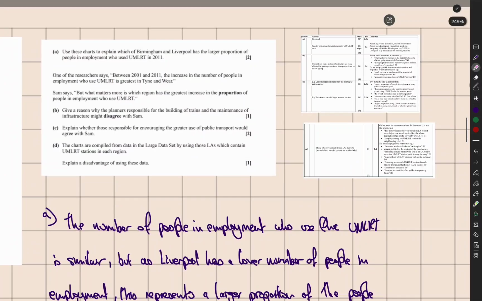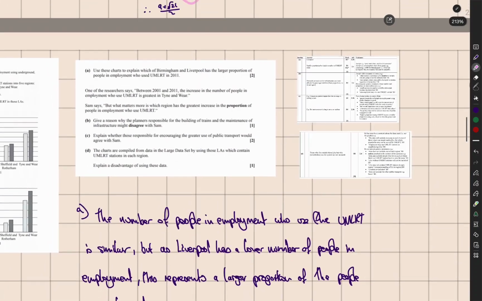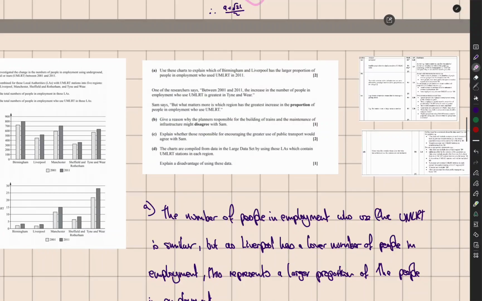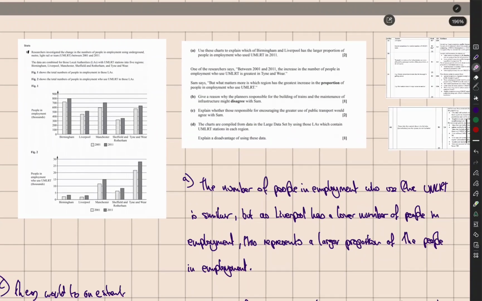So the first question says, use this chart to explain which of Birmingham and Liverpool has the larger proportion of people in employment who use their UMLRT in 2011. So looking at your number of users between these two cities, you can see they have roughly the same amount of usage.